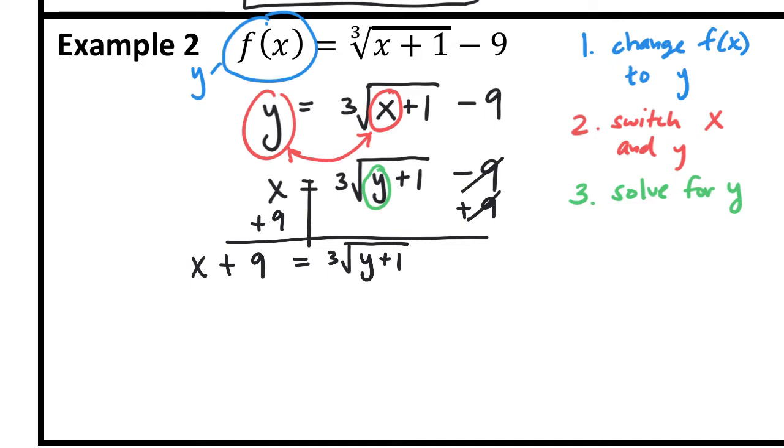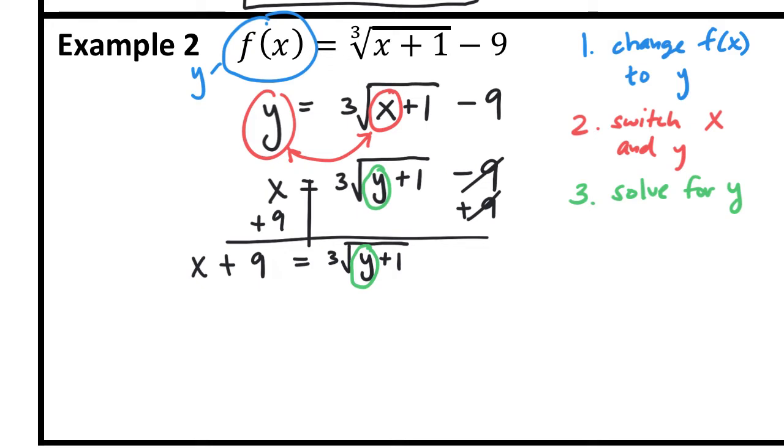These cancel. And so I'm still wanting to solve for y. Next, before I subtract the 1, I need to get rid of the cube root. But remember in example 1 we said to cancel the power of 3 we use a cube root.